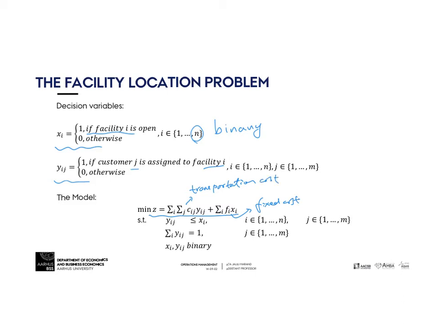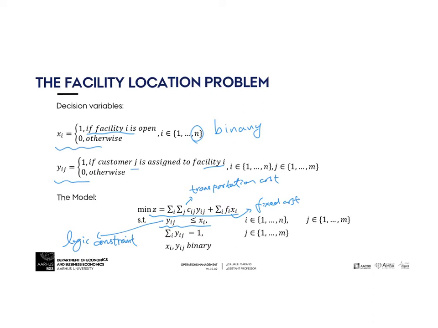And then we have a constraint y_ij less than or equal to x_i. So this is a typical logic constraint. We're going to explain more about logic constraints or relations or statements.